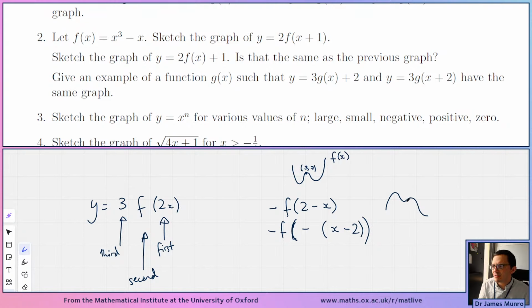In order to see that feature on the graph of minus f of 2 minus x, which is something Neat has asked about in chat, I've got to work out what value of x on my new graph I should put in order to pass the number 3 into f.